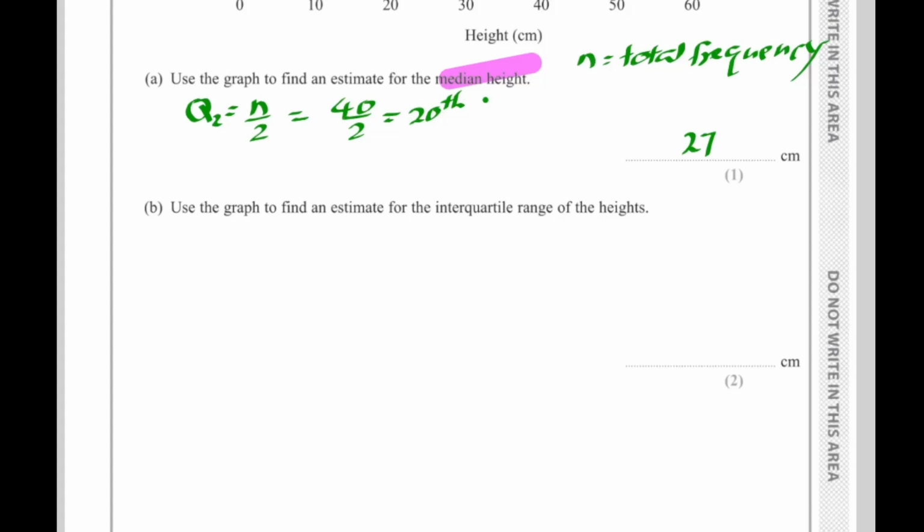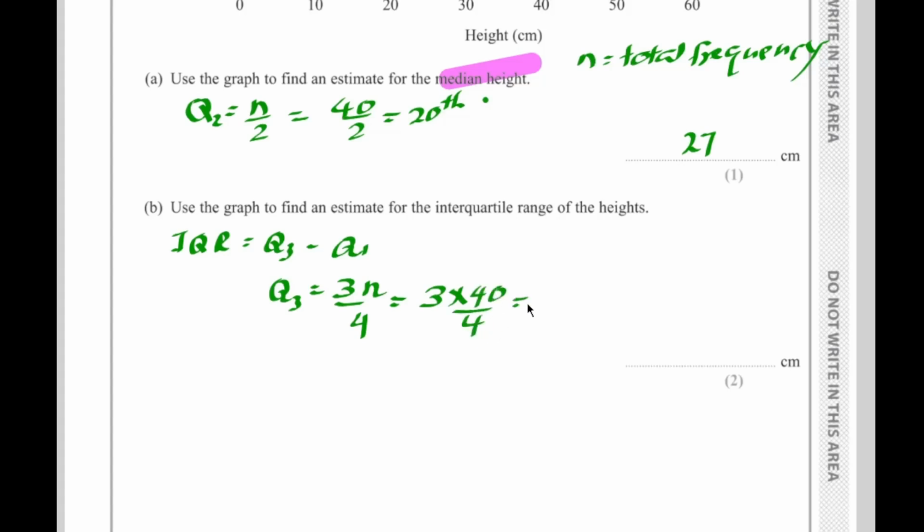Next part, use the graph to find an estimate for the interquartile range. How do you get the interquartile range? There is a formula. Interquartile range means IQR. IQR equals Q3 minus Q1. How do you get Q3? Q3 equals 3 times N over 4. So 3 into 40 over 4 means 30.